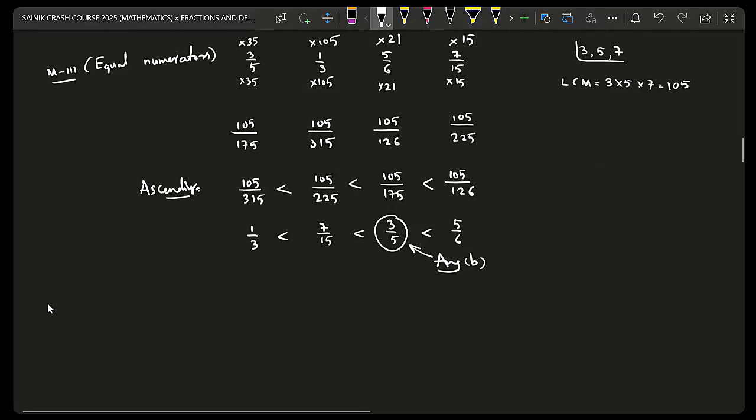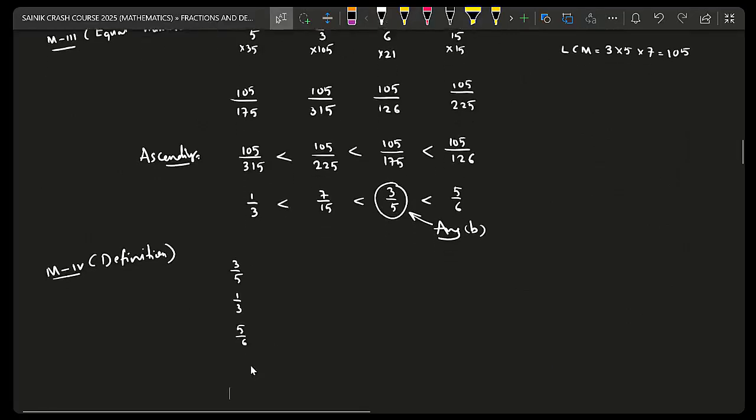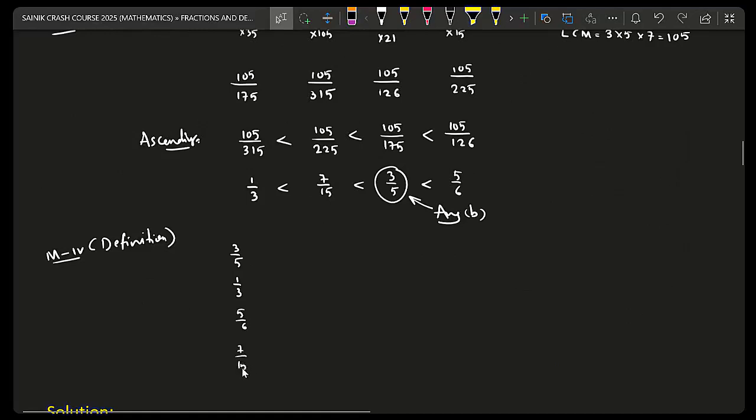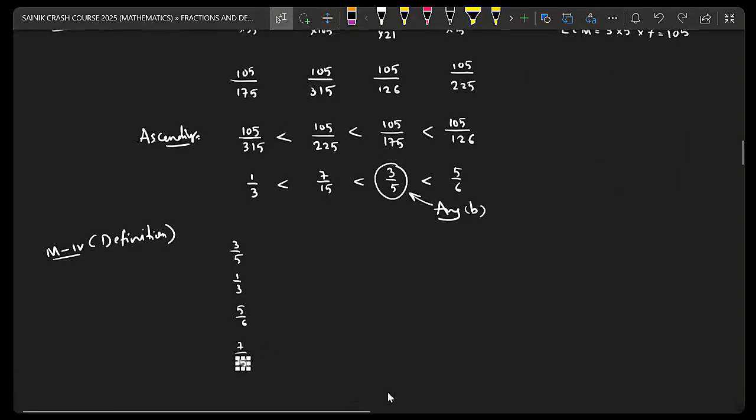Let us try. Method number 4, that is the definition method. What is the definition of a fraction? Part of a whole. So we take 3 by 5, 1 by 3, 5 by 6, and 7 by 15. To use the definition method, your drawing skills need to be very neat.